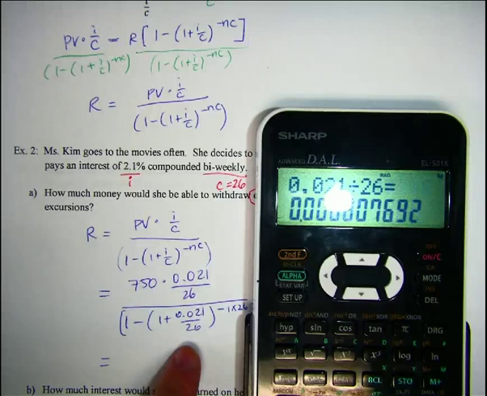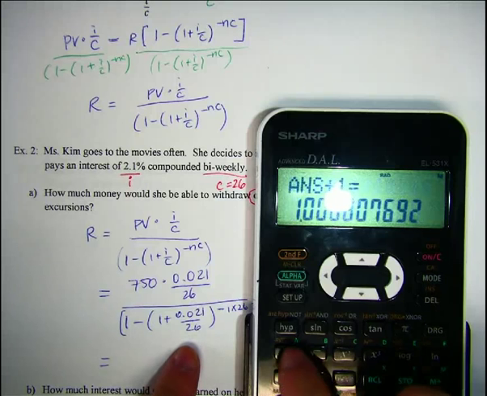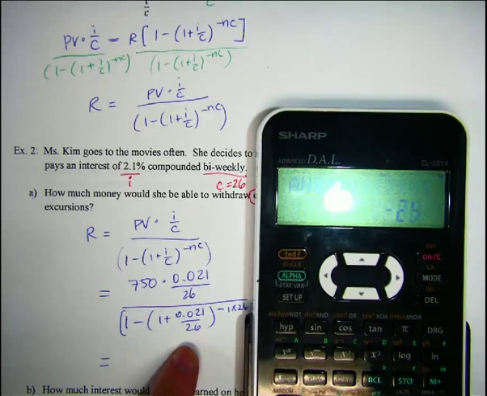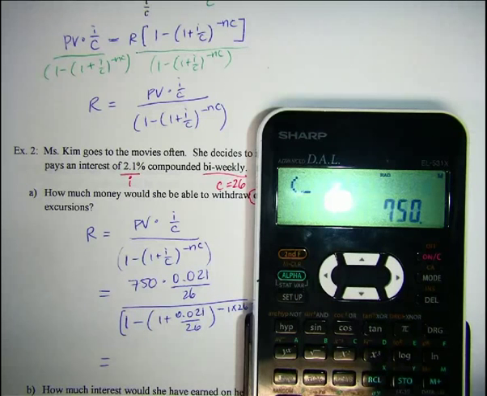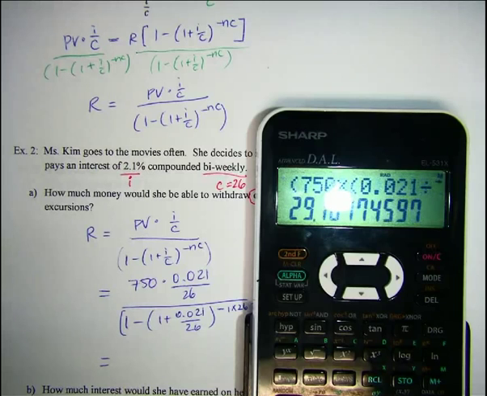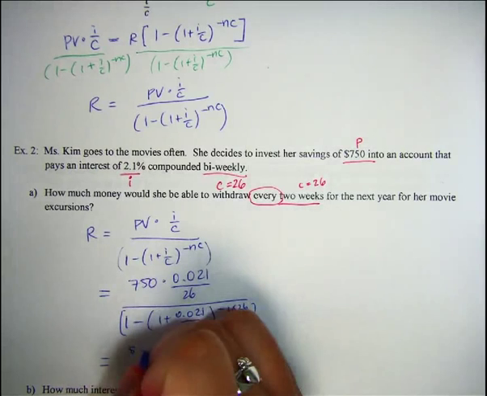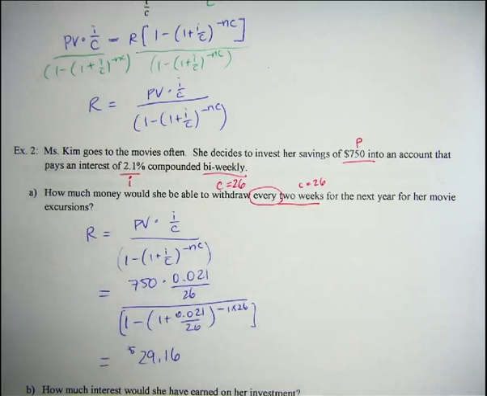So 0.021 divided by 26 plus 1 to the power of negative 26. 1 minus that answer, and then the entire numerator divided by the answer that you just got. So $29.16. Great. For part B, I'll finish this example in the next video.